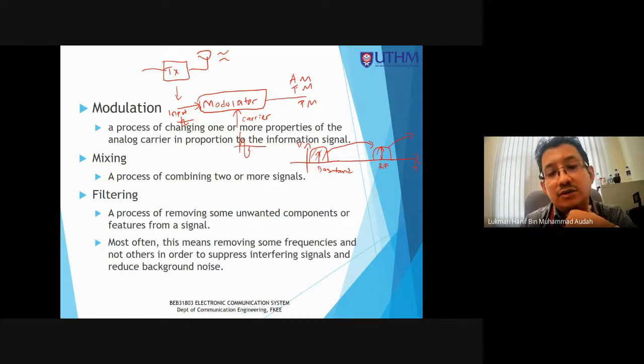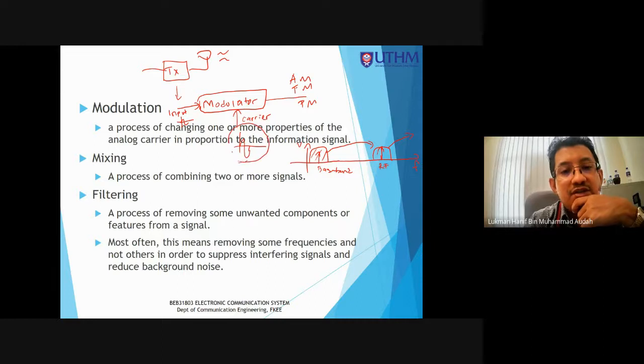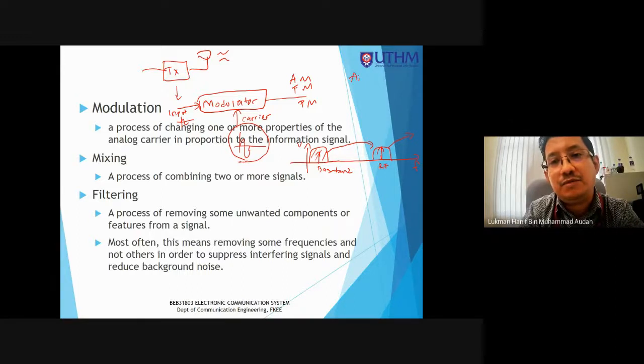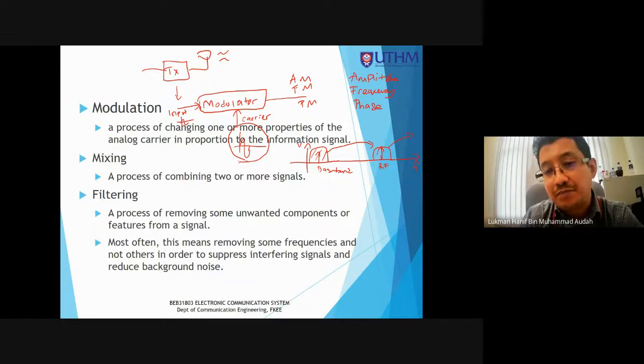So modulation is the process of changing the carrier properties. Kita menukar sifat carrier berkadaran dengan input. Apakah sifat carrier? Ada 3 yang kamu akan belajar. Yang pertama iaitu amplitude. Yang kedua adalah frekuensi. Yang ketiga adalah fasa, phase. So modulation will change any of these characteristics in accordance with the input.